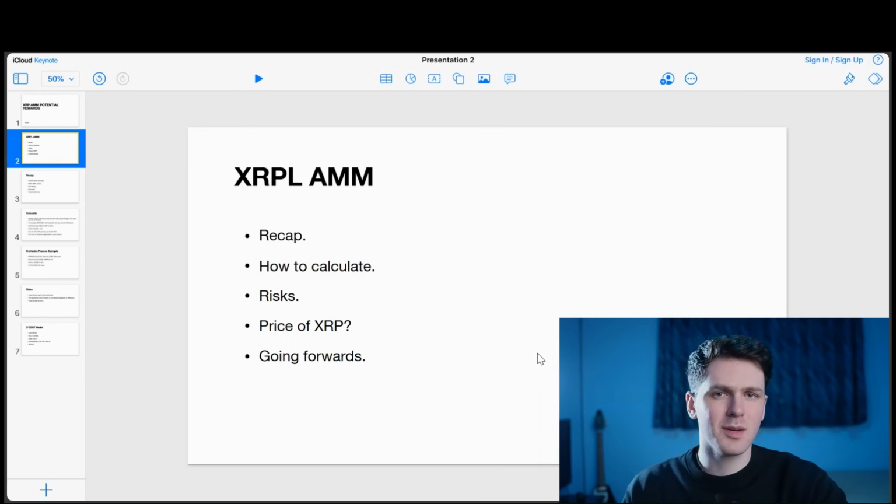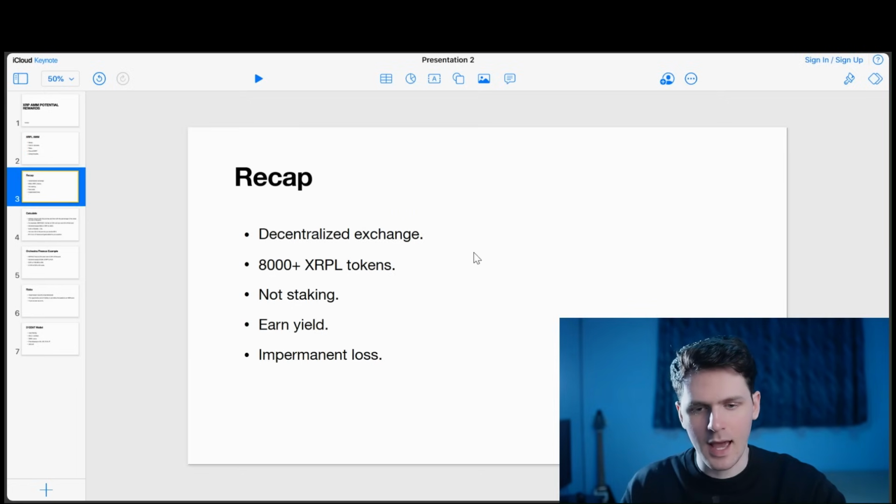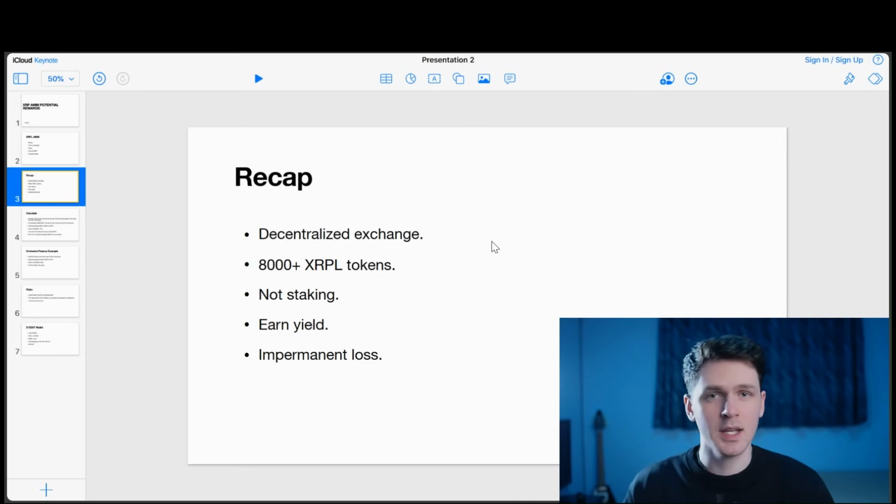Okay, so first I want to go over a quick recap of the past two episodes to catch everyone up with XRP Ledger AMMs. The AMM is a decentralized exchange with trillions of dollars transacted worldwide, allowing users to become their own banks and market makers. There's 8,000 plus XRP Ledger tokens, and you can create a pool with any two of which you like.